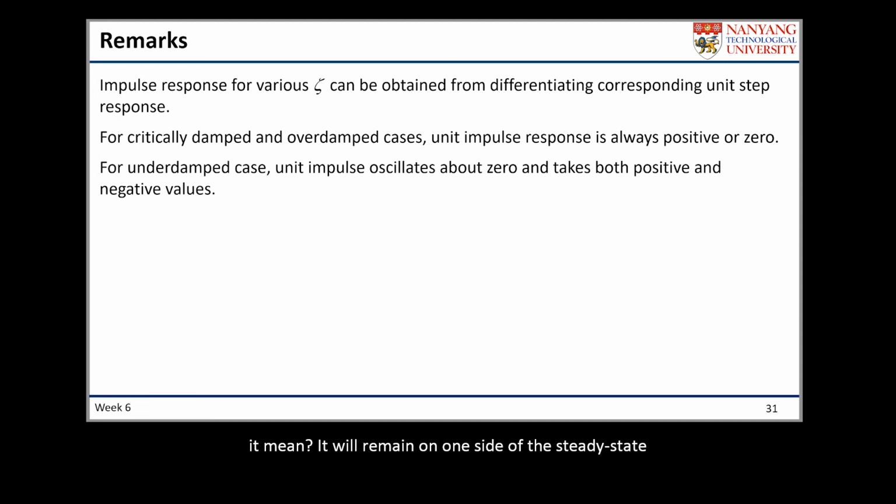It will remain on one side of the steady state response. If it is positive, then it will remain positive. If it starts from negative, then it will remain negative. If the damping is too high, it will remain 0. Okay, for the underdamped case, the unit impulse response will oscillate around 0, taking positive and negative values alternately, but the amplitude will become smaller and smaller until it reaches the steady state value, which is equal to 0.